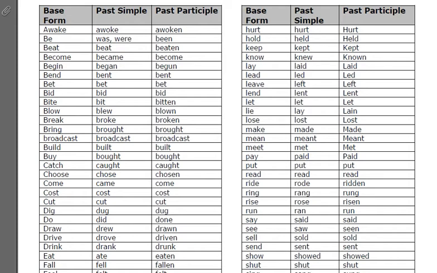So the first verb is awake, awoke, awoken, and it equals the verb wake. Wake, woke, woken. Verb to be, which is the most famous verb, the past is was, were, and the past participle is been. Beat, beat, beaten, become, became, become.